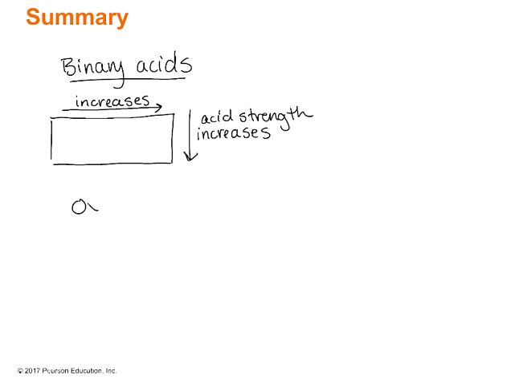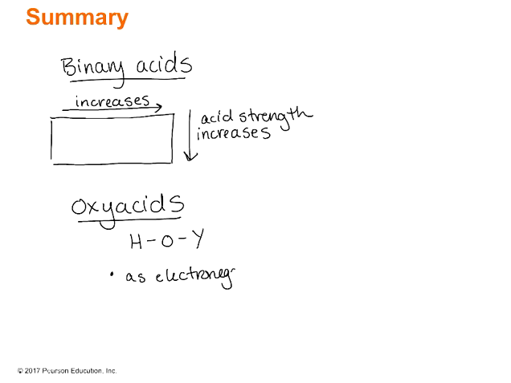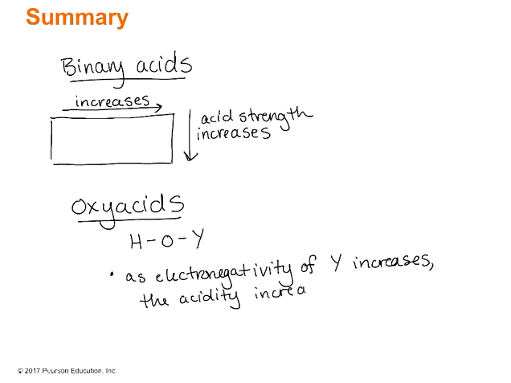And then for oxyacids, there were 2 points, and remember that oxyacids have the form HOY. So the first point was as electronegativity of Y increases, the acidity increases.